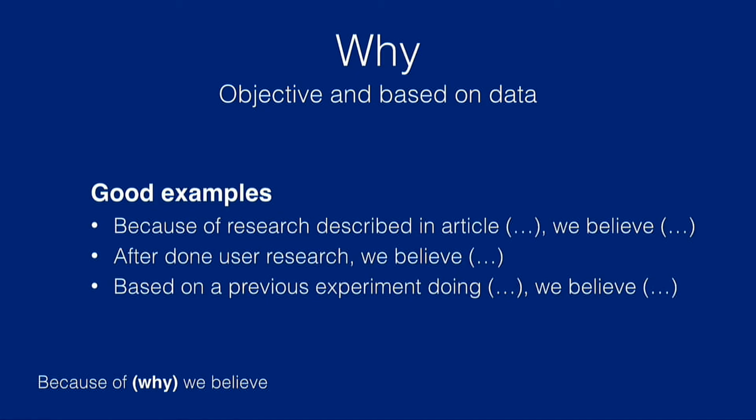Something that's better is because of research described in a specific article. If someone did create something for another website, and they wrote an article about it saying why this happened, how it happened for them, and the research behind it, then you can say, in that case, it could work for our website. Or you've done some user research of your own. You asked all your customers, and they said, well, we do like it if the search box wouldn't be that yellow.